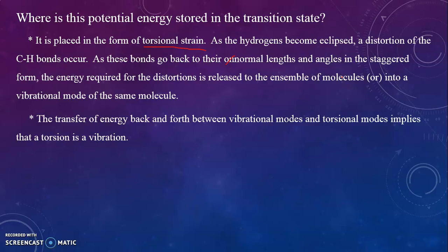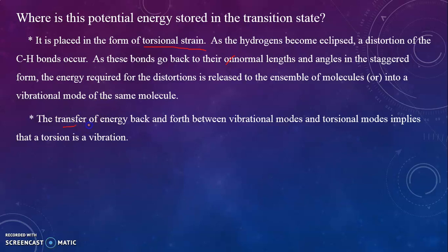Okay, the energy may be released to the surrounding molecules, or the energy may be transferred to a vibrational mode of the same molecule, right? And when the molecule moves from the staggered form to another eclipsed form, this vibrational energy again gets converted into potential energy.